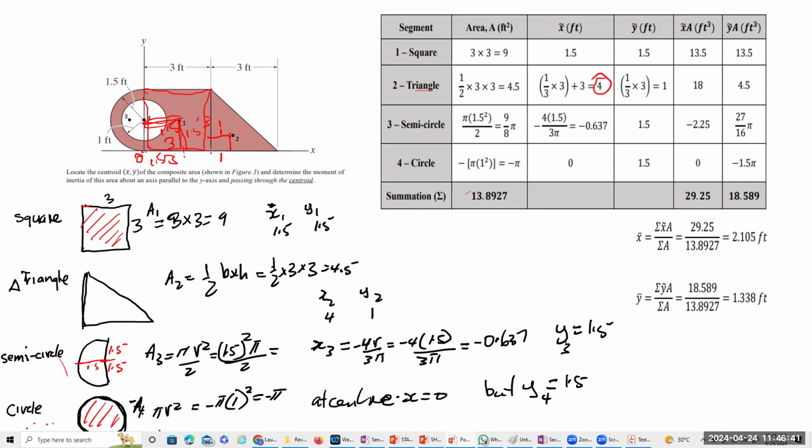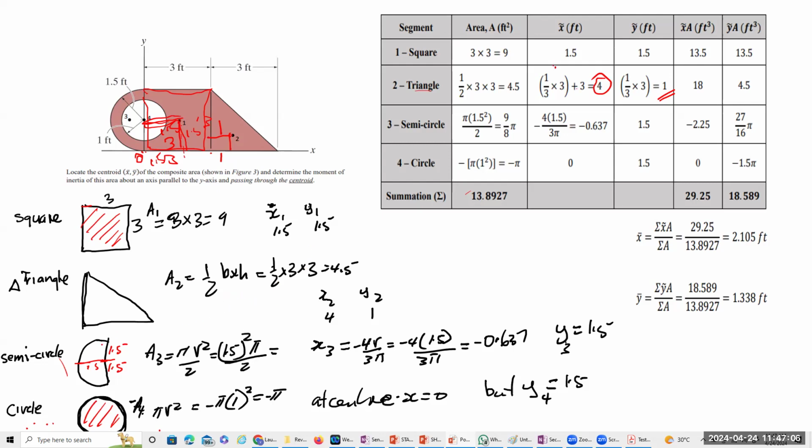And then 1 is the Y distance. So the Y distance is 1. 1/3 of 3 is 1. So you see them? Any questions there, guys? So 1/3 of 3 is 1, plus 3 gives you 4. All right. Next one.